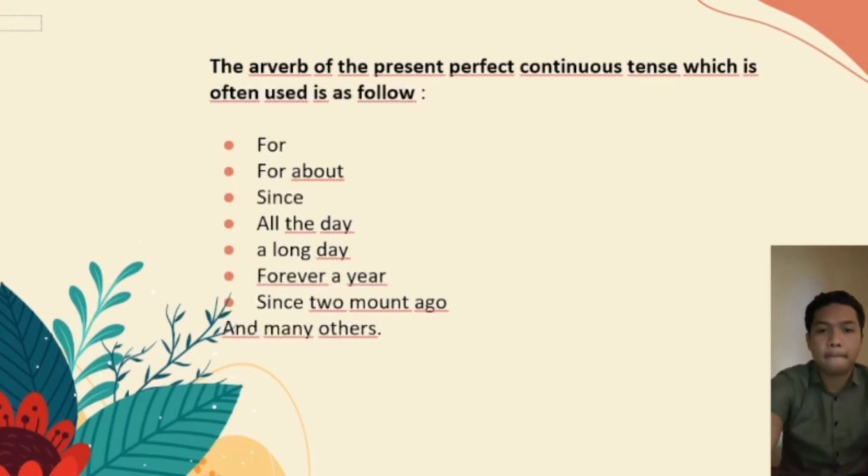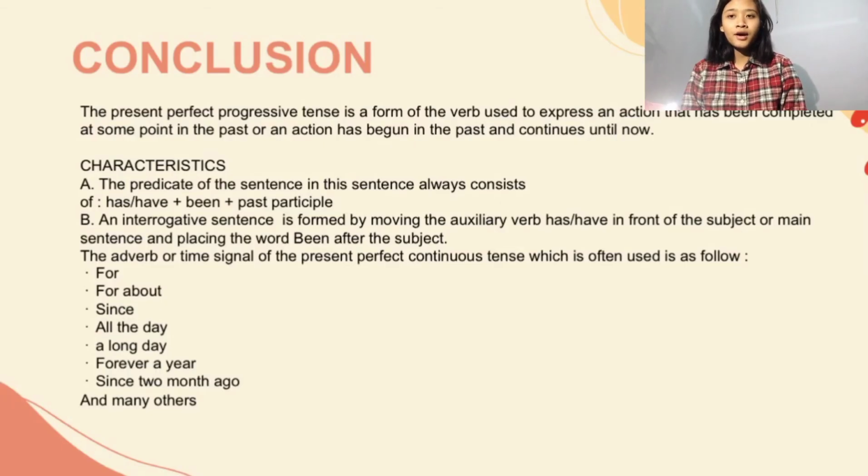Thank you. My name is Rika Fitri Darmawan, and now I want to tell you the conclusion of this presentation. The present perfect progressive tense is a form of the verb used to express an action that has been completed at some point in the past, or an action that began in the past and continues until now. This tense has two characteristics. The first one is the predicate of the sentence always consists of has or have plus been plus past participle.